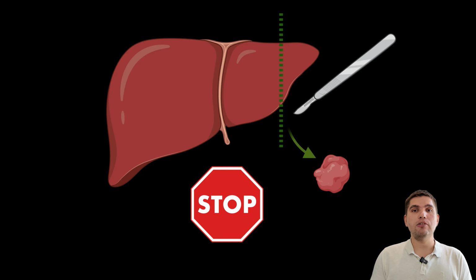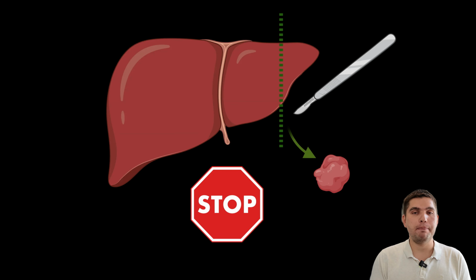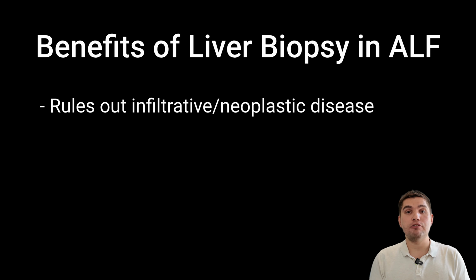All right, now let's talk about the role of liver biopsy in patients with acute liver failure. By definition, ALF patients are coagulopathic. So, should we even attempt a biopsy? In human medicine, liver biopsy can rule out infiltrative disease or malignancy.